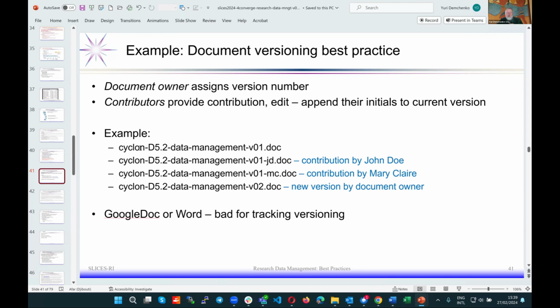And what happens in this example? In this example the following happens: version 1 is produced by the document owner, after that John Doe commented, after this Mary Claire commented, and after that the document owner or editor included all reviews and issued a new version.